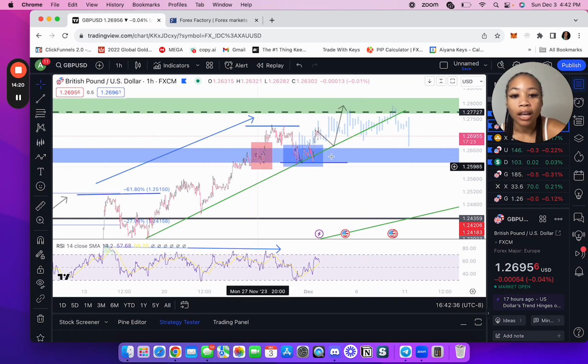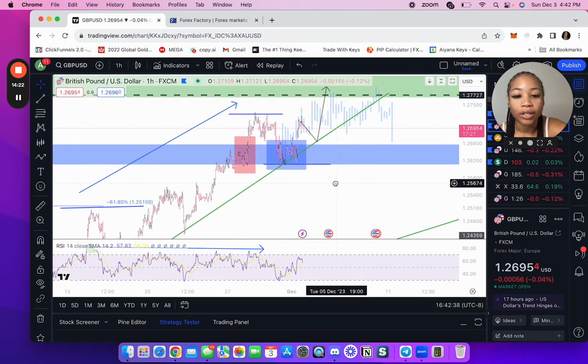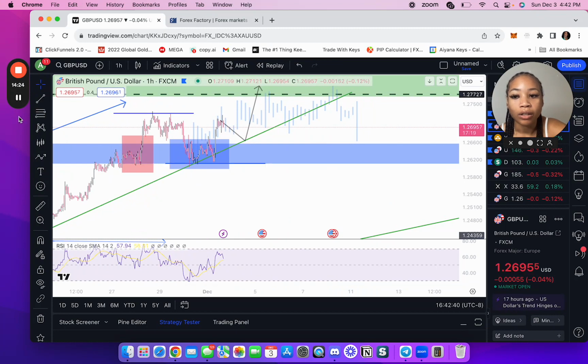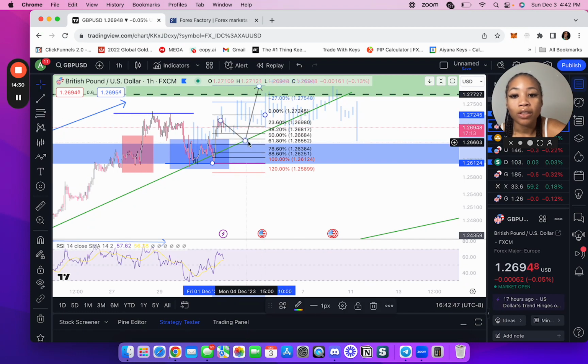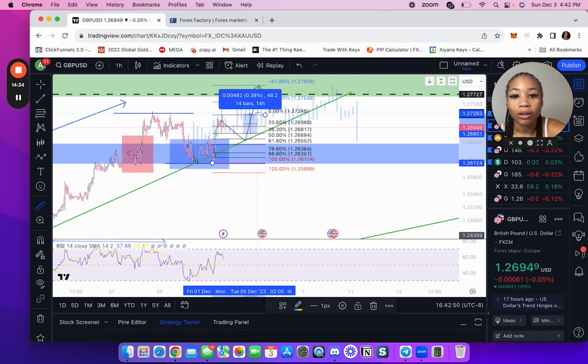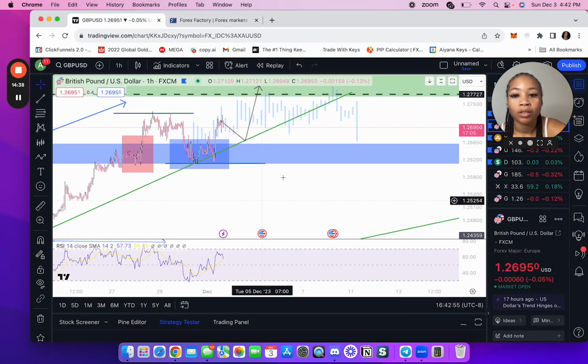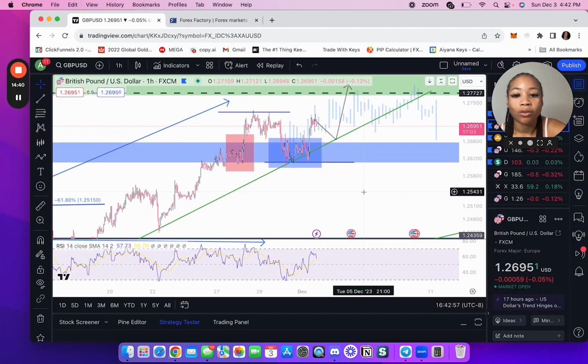Okay, now there's 2 things you can do. You can take your fib from this low to wherever the high finishes creating, and then where price is, and then get out at that minor TP1. That'll be about 71 pips. Or this is another structure right here.